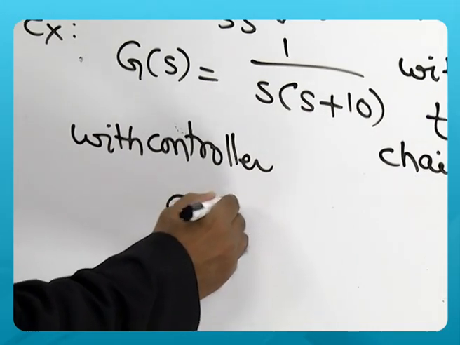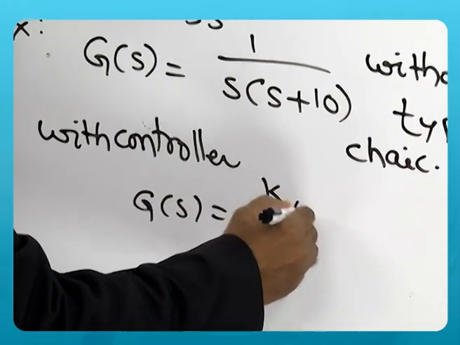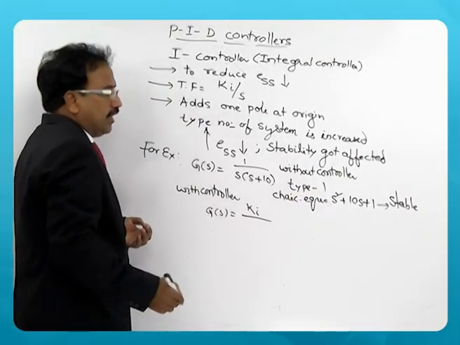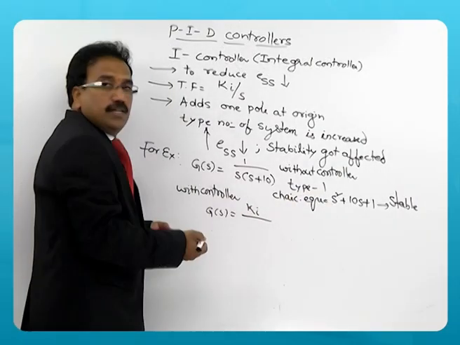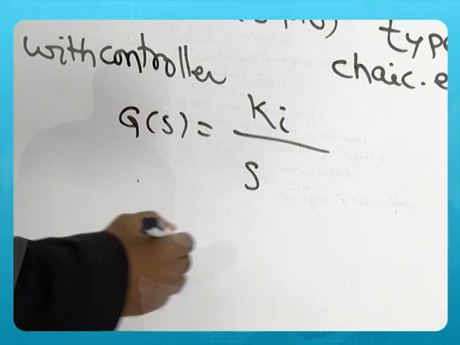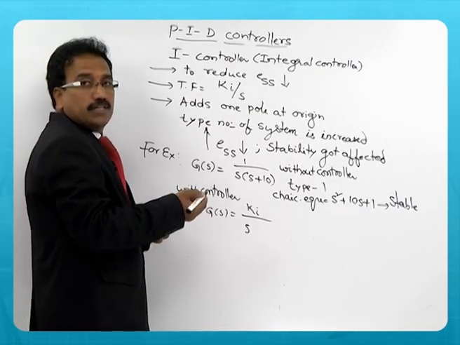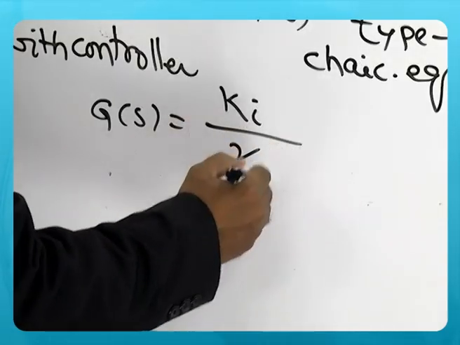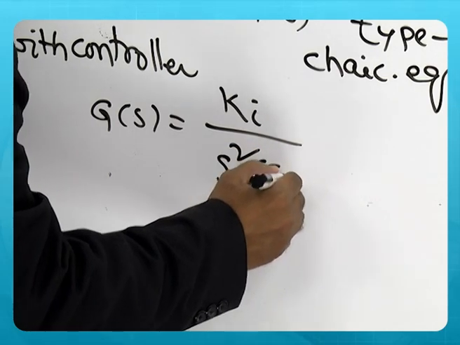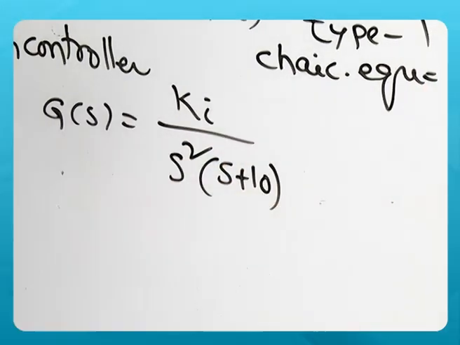With controller, the function becomes Ki, and s is already there, and another pole is added at origin because of the integral control action. So it becomes s square into s plus 10.